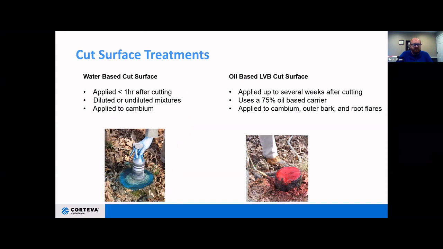So let's talk about cut surface treatments. There are two types of cut surface treatments. There's a water-based cut surface treatment, and then there's an oil-based low-volume basal cut surface. And here's the distinction between those two.